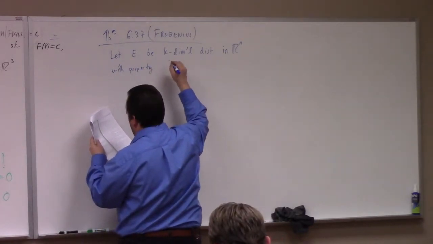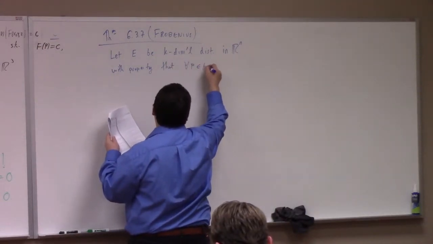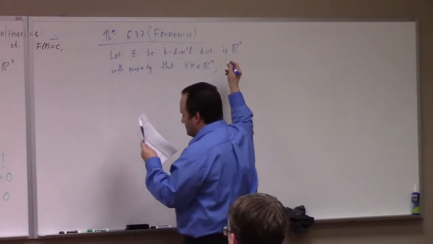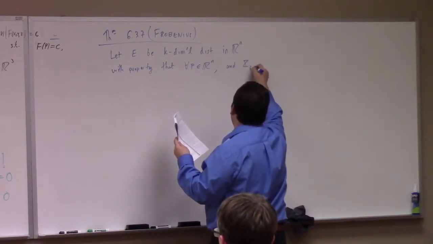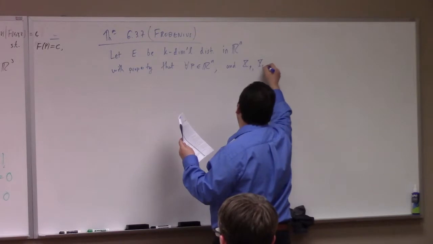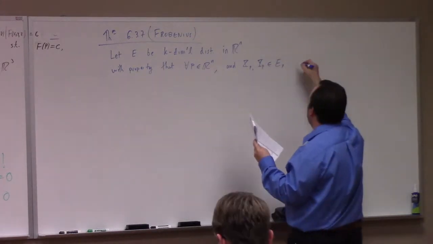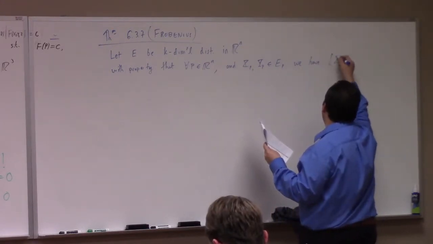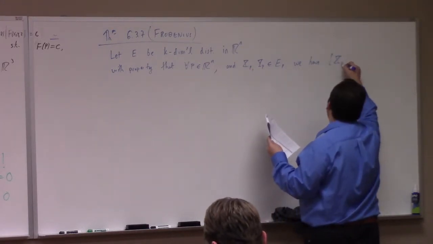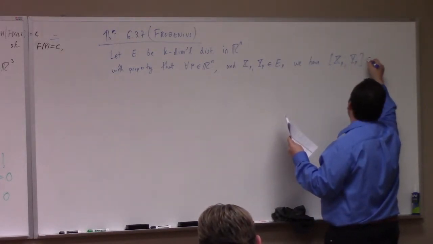With the property that for all p in Rn and Xp, Yp in Ep, we have the Lie bracket of Xp and Yp is in Ep.